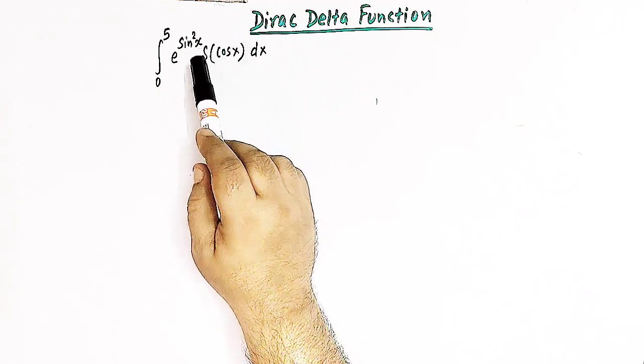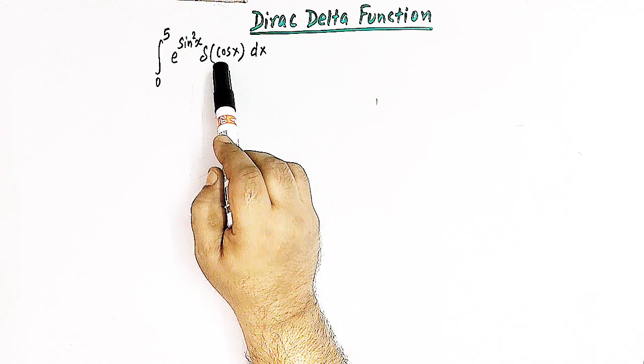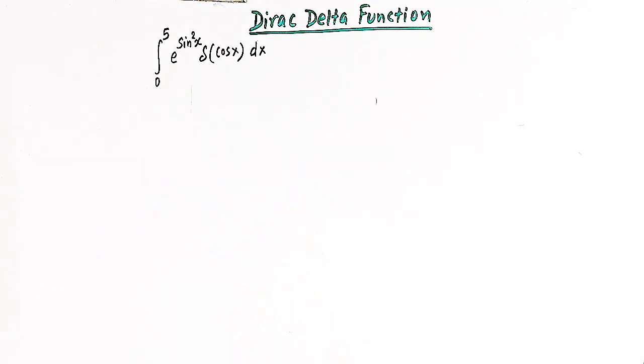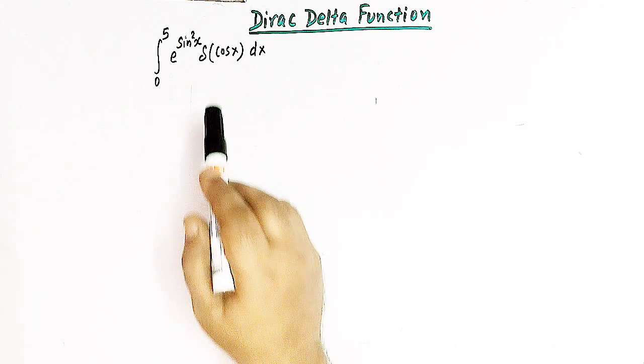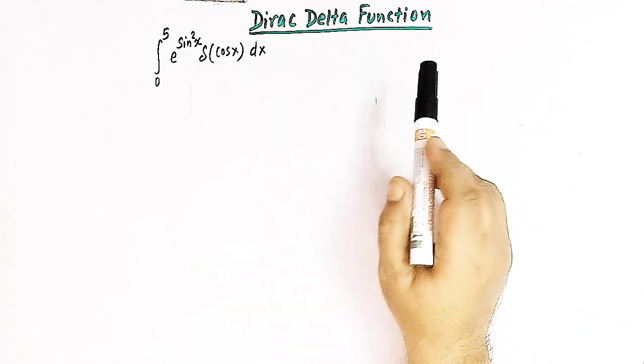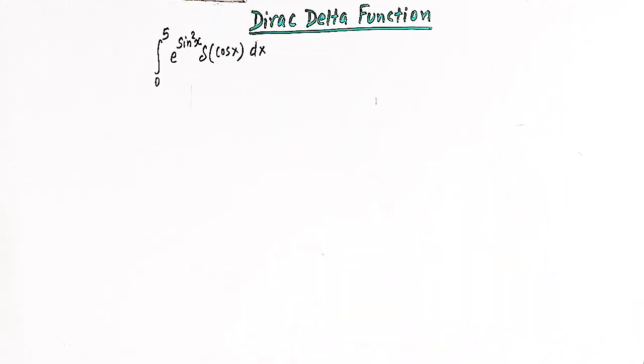Here we see that we have a function as an argument in the Dirac delta function. So we'll see how we can solve these types of integrals where we have a function inside the Dirac delta function, and we'll also see the property which can be used to solve these kinds of integrals.